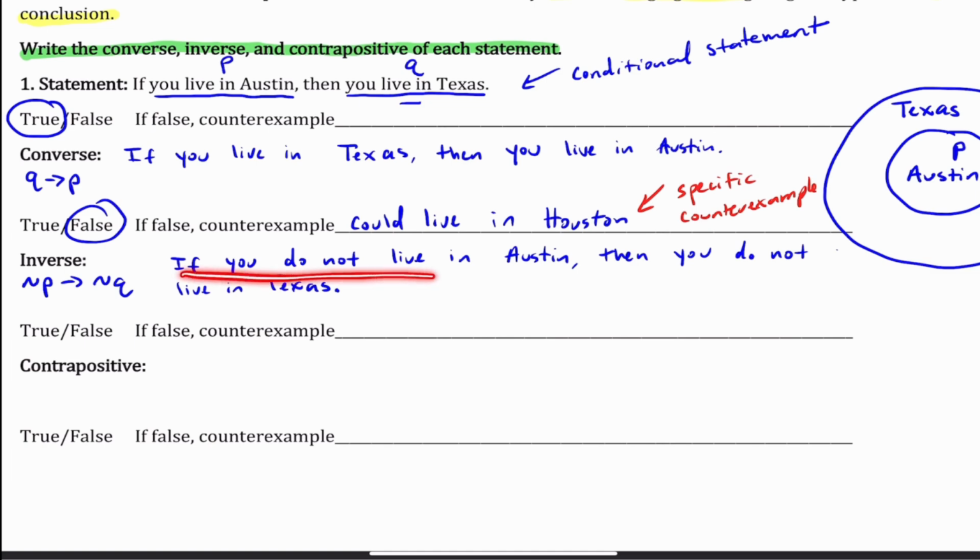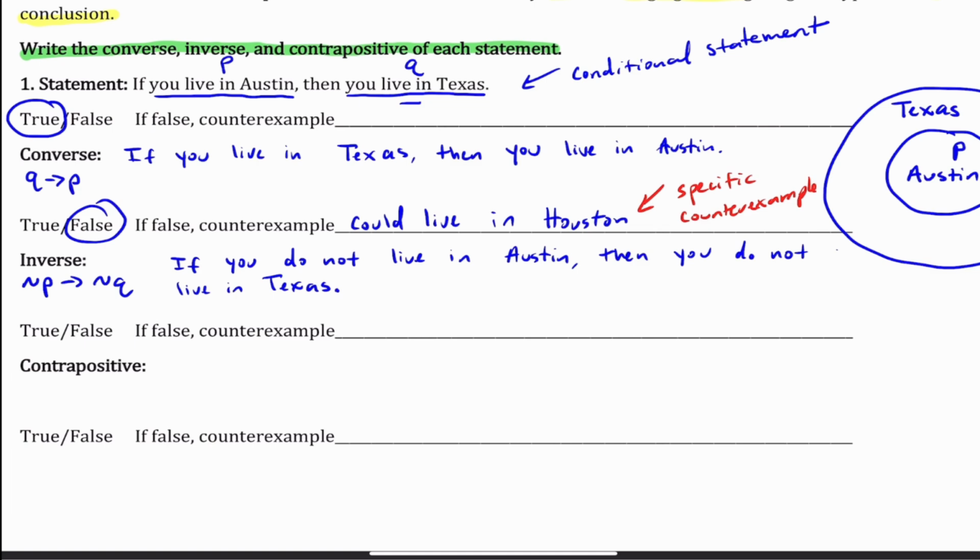Now let's take a look at the sentence here. If you do not live in Austin, then you do not live in Texas. Is that true or false? Well, if you do not live in Austin, does it imply that you do not live in Texas? Well, just because I don't live in Austin does not mean I live in Texas.